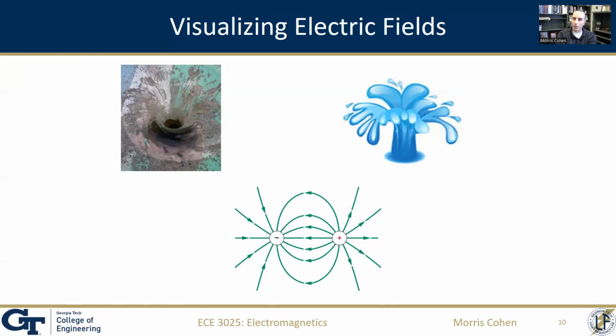Now, to be truthful, this is technically electric flux, not electric fields, and we're going to get to that later. Electric fields and flux are very closely related, but I'm introducing this now because it still gives you a pretty good intuition for what electric fields are. And so if we think about a source that's spewing out water and a sink that's sucking in water, it makes sense that the flow lines of water would basically look like this diagram over here.